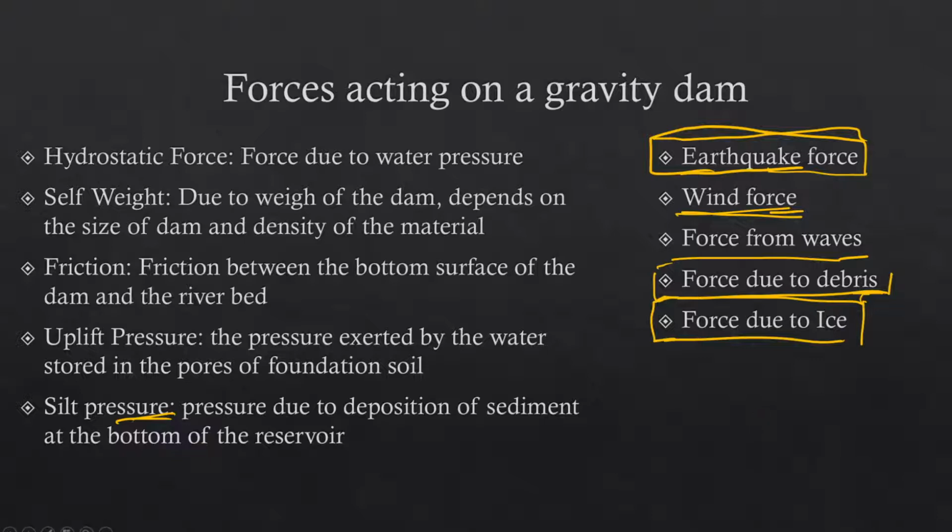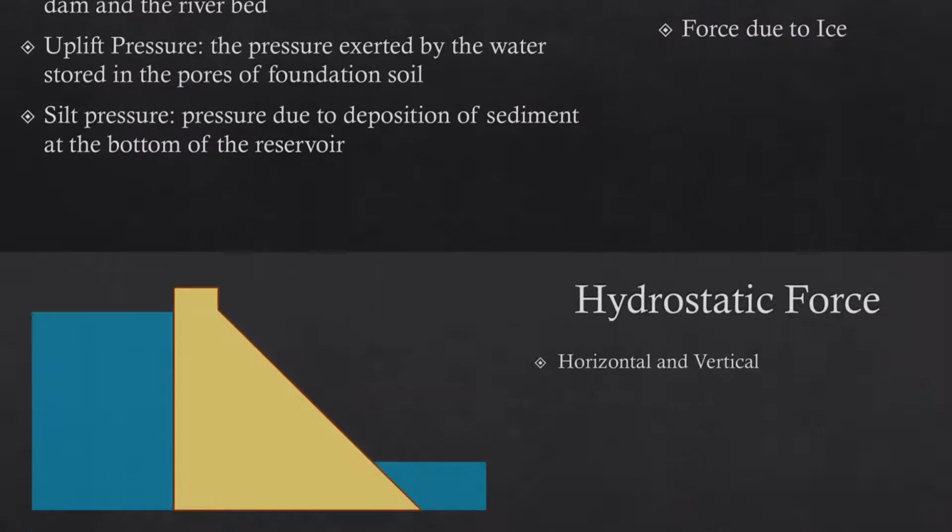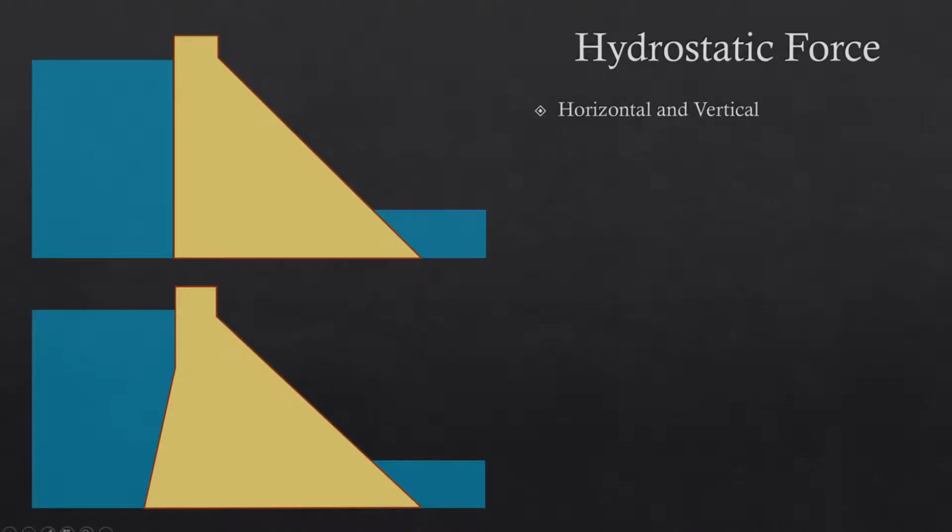For this course, we'll be mainly focusing on the first four forces, that is hydrostatic force, then self-weight, friction, and the uplift pressure. So let's first discuss the hydrostatic force.